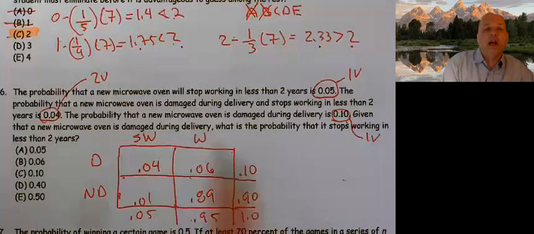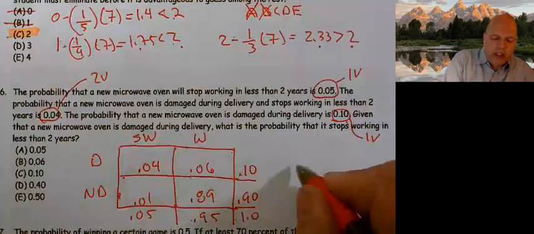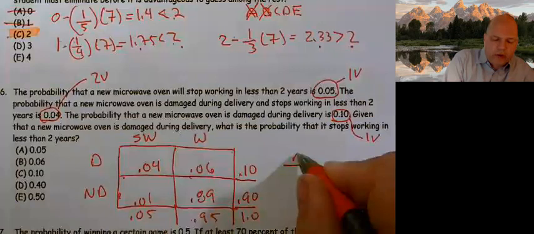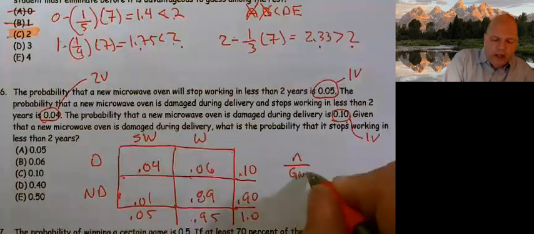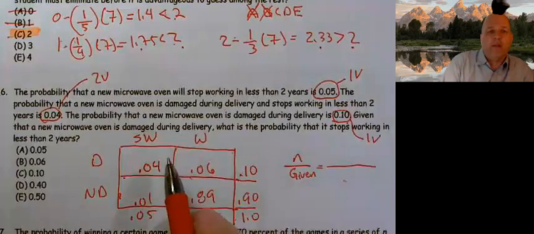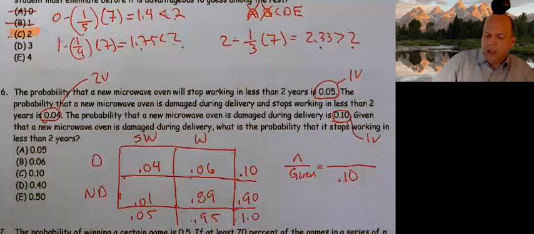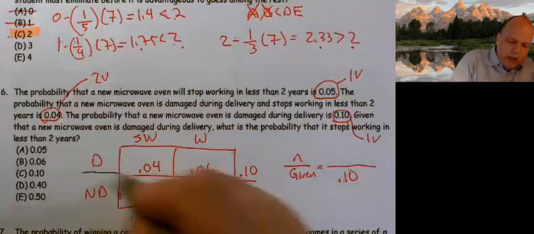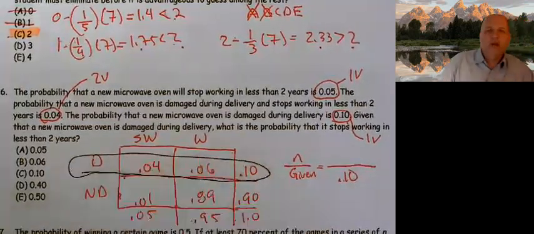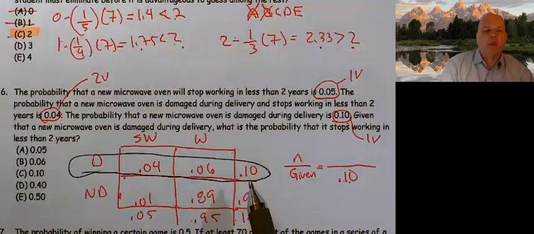It says, what is the probability given that a new microwave is damaged? Well, as soon as they say given, I know I'm working with intersection over given. And in this case, damaged is in the denominator. So given that a new microwave is damaged, that's 0.1. And remember, we should go ahead and circle this. So it's given it's damaged. What is the probability it stops working?